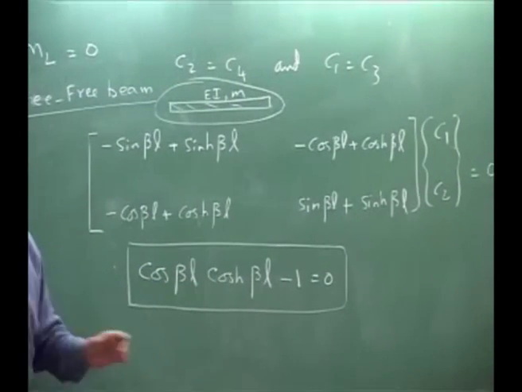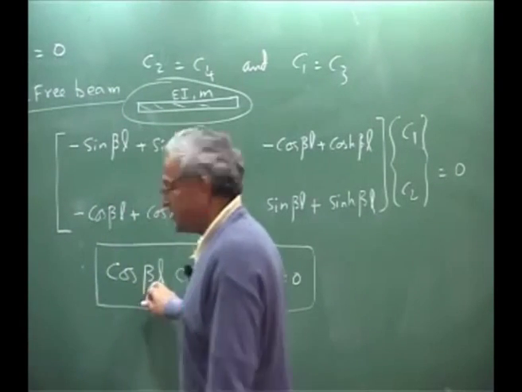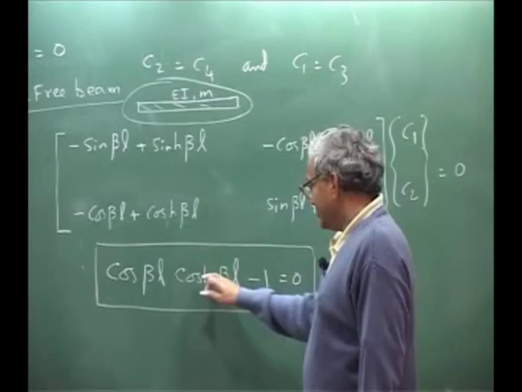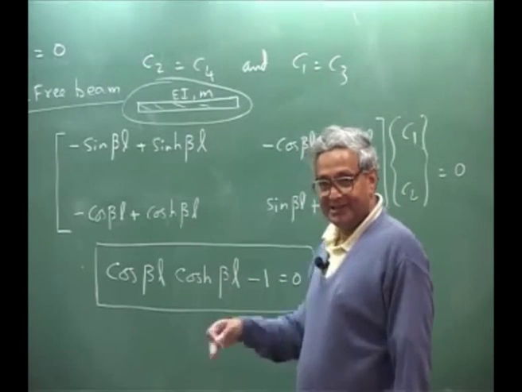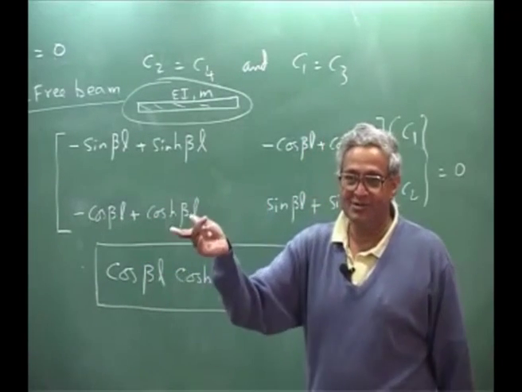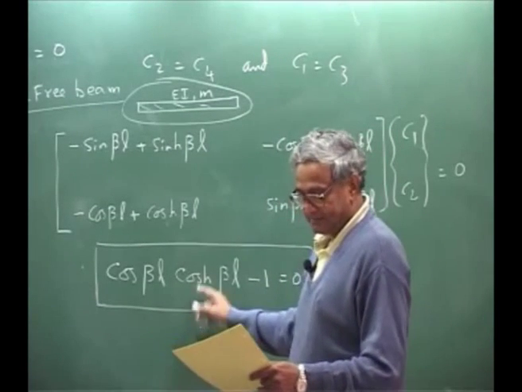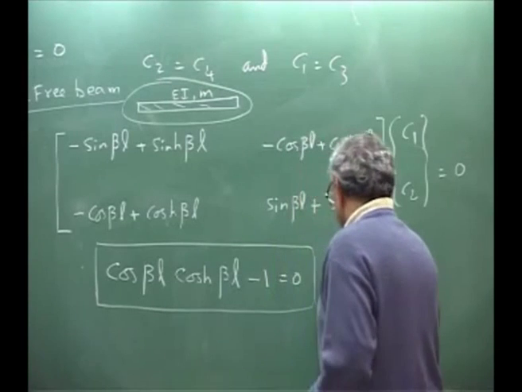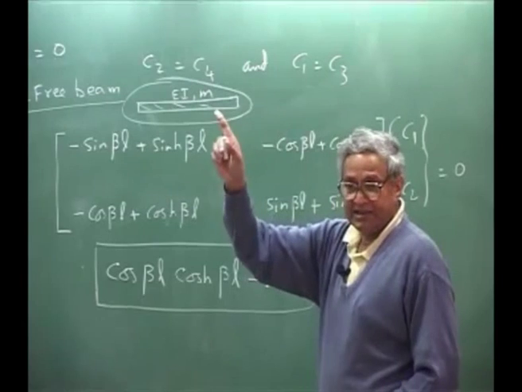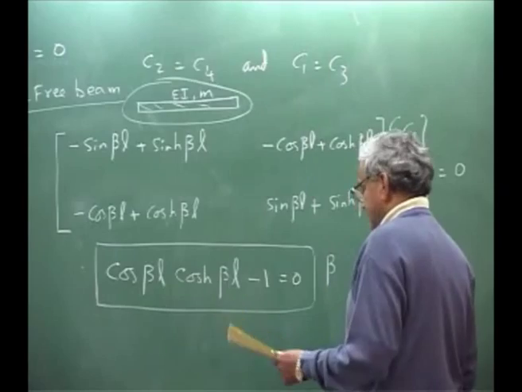You can get it graphically. Because you know that cosine beta L is a cosine function. You take it to the right hand side, 1 over cosine hyperbolic. Hyperbolic is an exponential function. It will always decrease. Wherever these two cross, they are the solution. So I will write the solution here. Beta, I may call it 0 is there and 2 zeros are there, so I am calling it the beta third value.